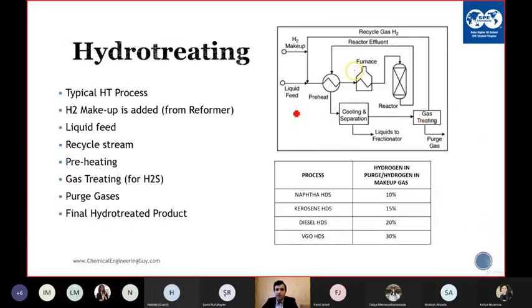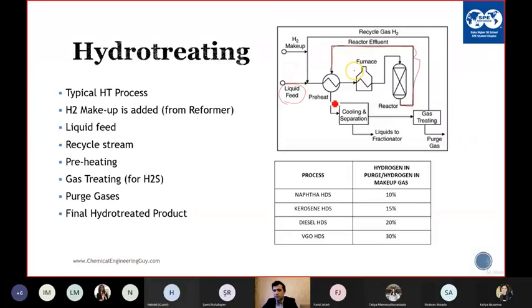So in hydrotreating, we have the liquid feed. We have the H2 makeup. Why makeup? We will see that we use an excess amount of hydrogen, then the rest is recycled. It is preheated, sent to the furnace, and sent to the reactor. After reaction, we use the heat of the product, as was the case for CCR, to preheat the feed to the furnace.